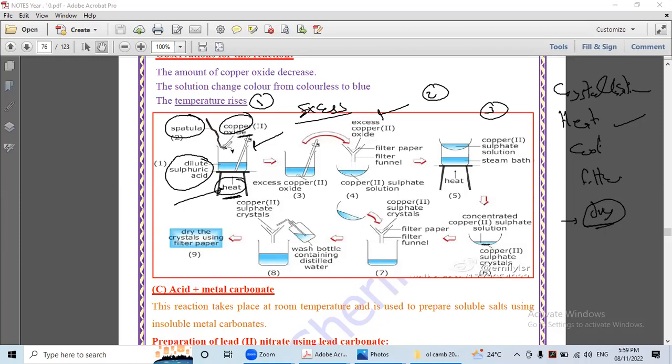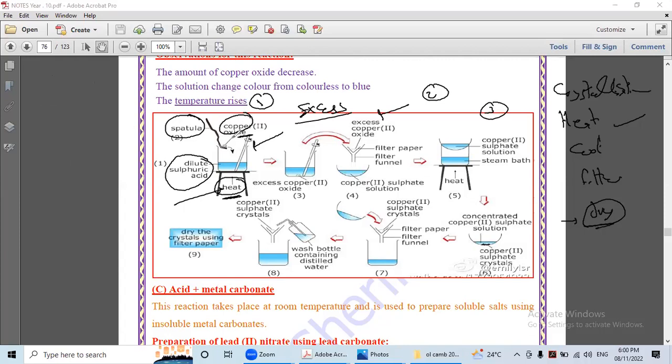But in case of metal, we must have an active metal. For example, if you are using copper with HCl, no reaction. But copper oxide, hydroxide, copper carbonate can react. So in case of metal only, we must have an active metal, like zinc, like magnesium.